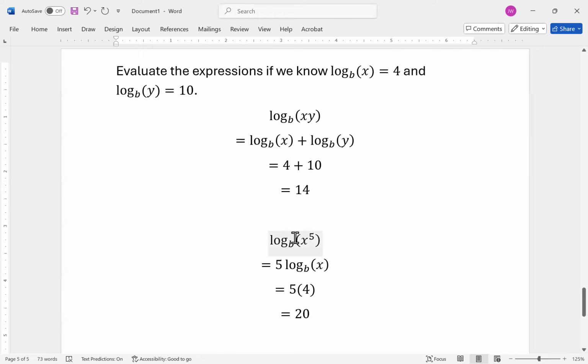Therefore, I can evaluate these expressions if I know log base b of x and log base b of y. I do that by breaking it up. In this case, I used the product rule. In this case, I used the power rule. I can always mix up lots of the different rules and see what's going on.